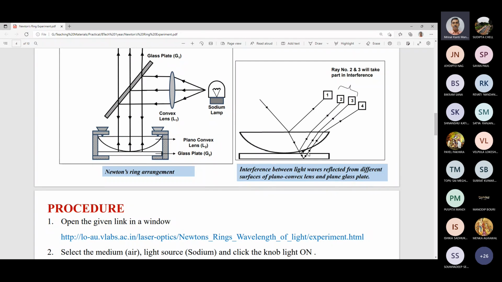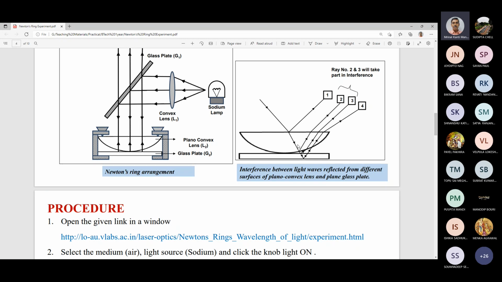So that means this beam 2 is reflected by this curved surface, and after that it is a rarer medium. But beam 3 is reflected back by this glass plate, which is the denser medium, because the ray is coming from the rarer medium air to the glass plate and then reflecting.